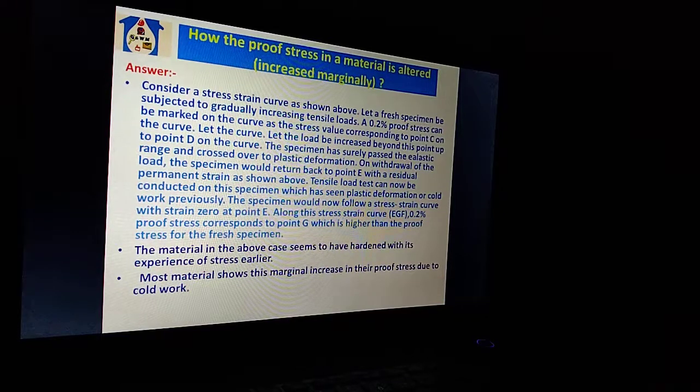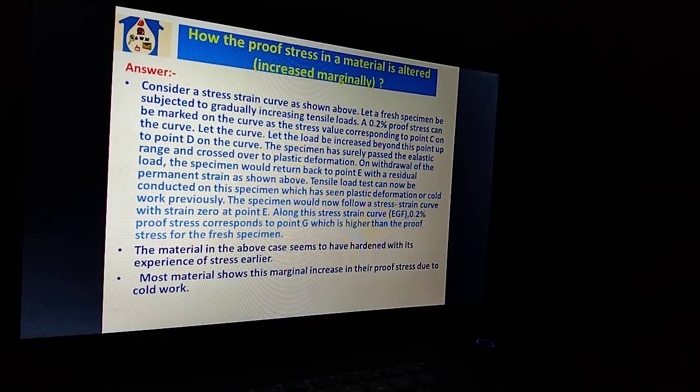How is the proof stress of a material altered, increased marginally? Consider the stress strain curve shown above. Let a fresh specimen be subjected to gradually increased tensile load. The 0.2% proof stress can be marked on the curve as the stress value corresponding to point C on the curve.